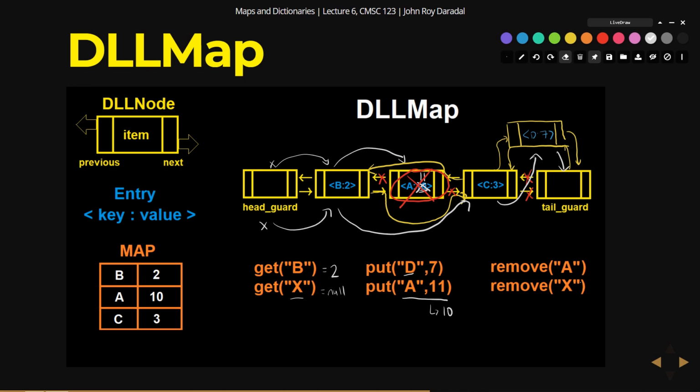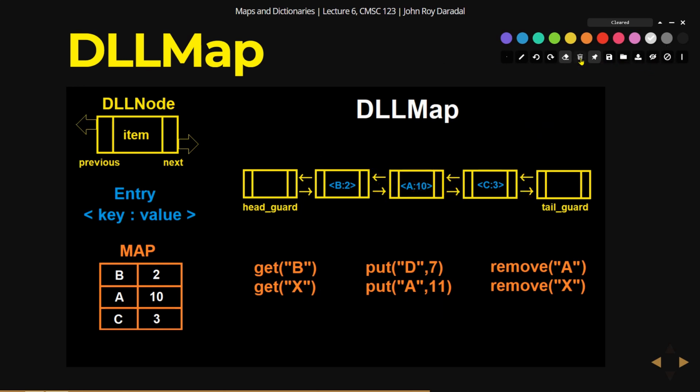So that is how you do things in the DLLMap. So you should be quite familiar with it already by now, since you've experienced some implementations using DLL, right? So yeah, that's DLLMap. Let's try to clear everything first.